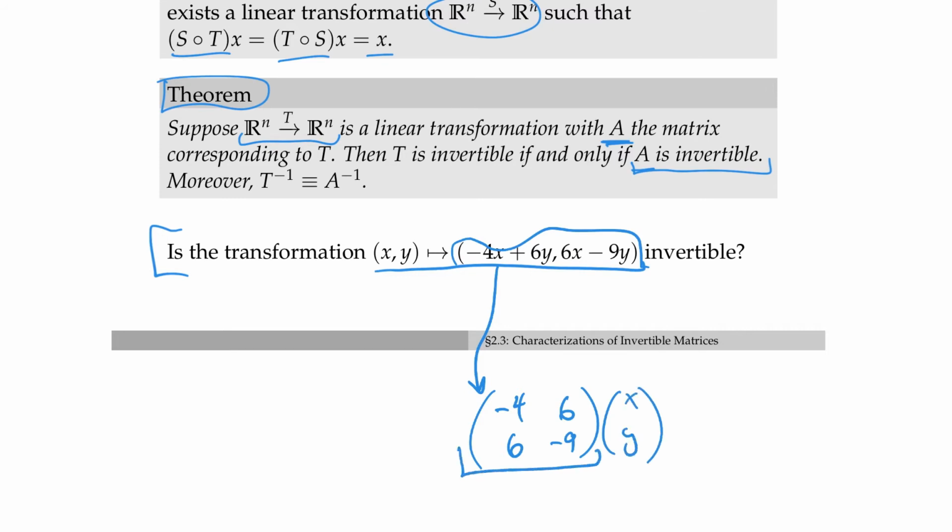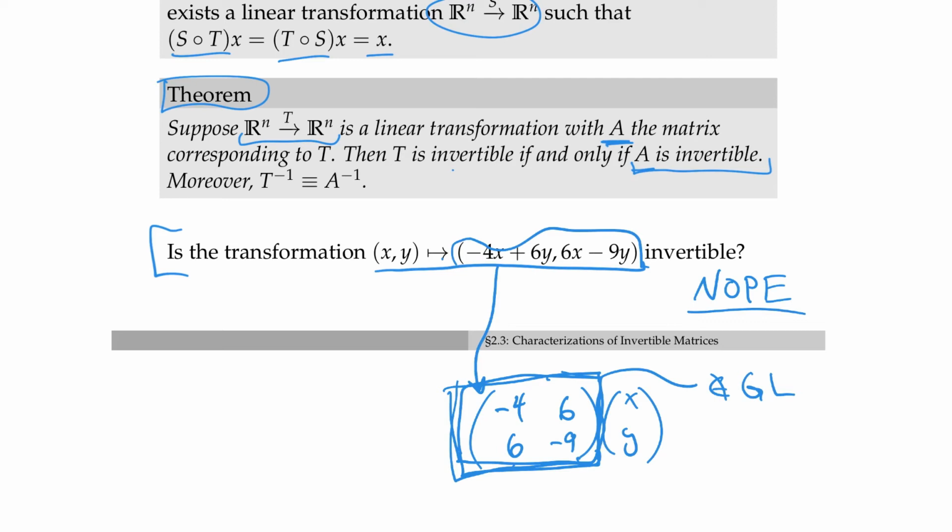Well, on the last slide, didn't we already show that this matrix right here is not invertible because the columns were dependent? So what that means for us is if this matrix, which corresponds to this transformation, is not invertible, then the transformation is not invertible. So what I say about a transformation can come directly from its matrix form. So, no. Is it invertible? A big old nope. It's simply an application of this theorem.